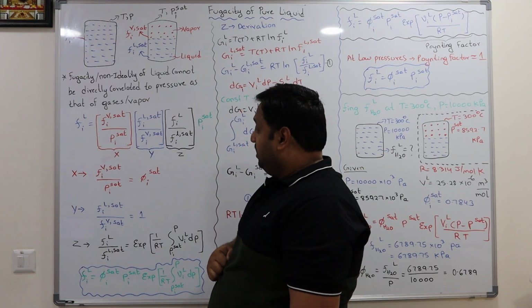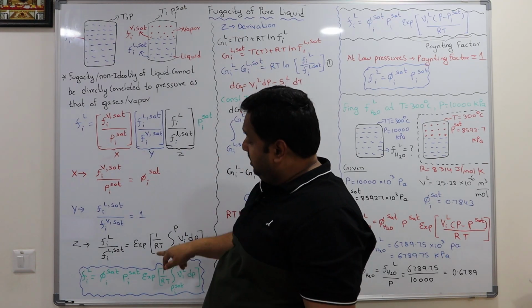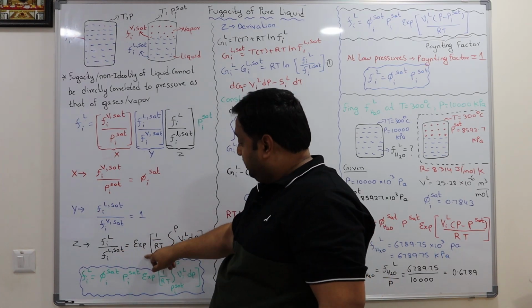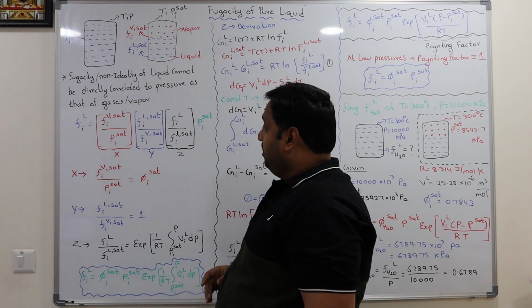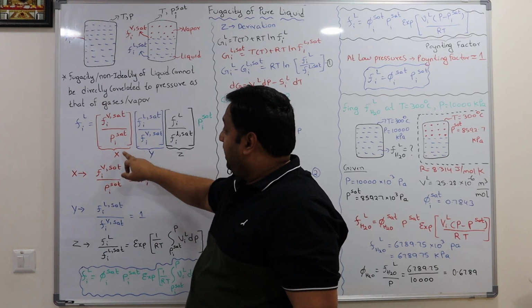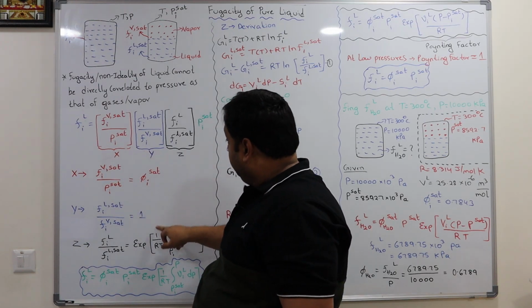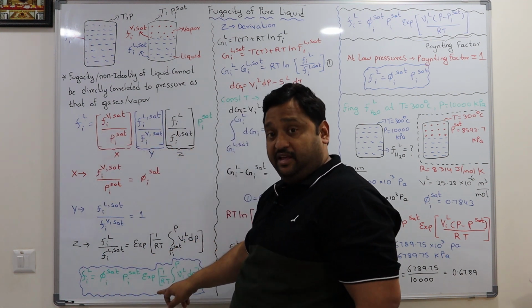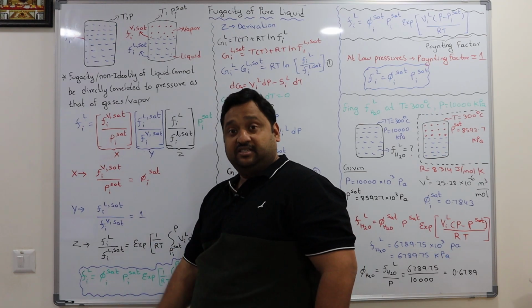We will do a small derivation to show that the ratio of these two is nothing but the exponent of this term. Finally, you have to replace the x term, y term, z term in this equation. You get a final expression for finding the fugacity of the liquid.